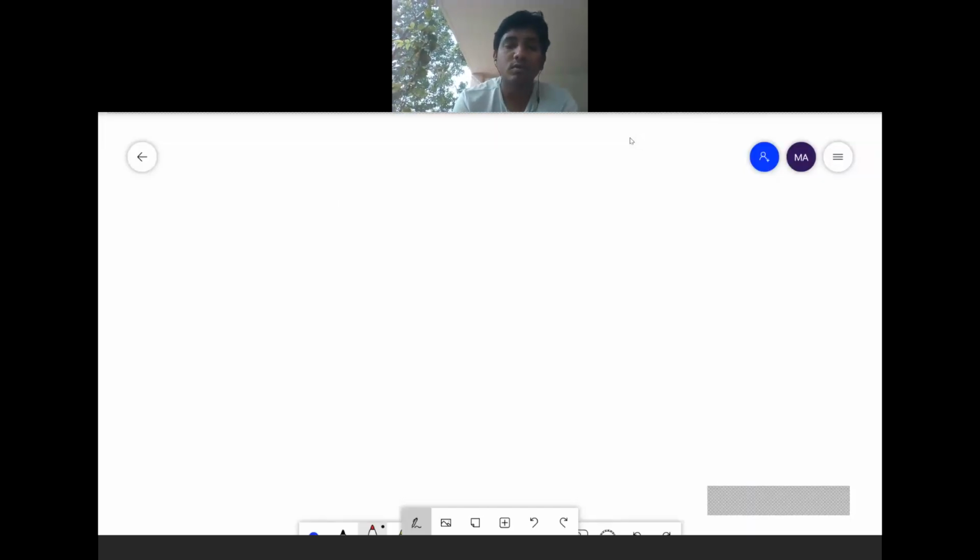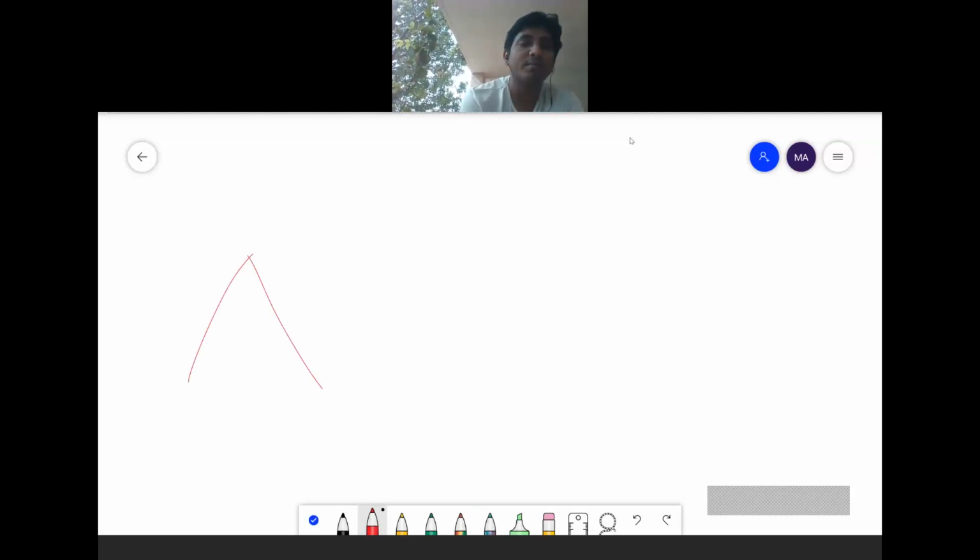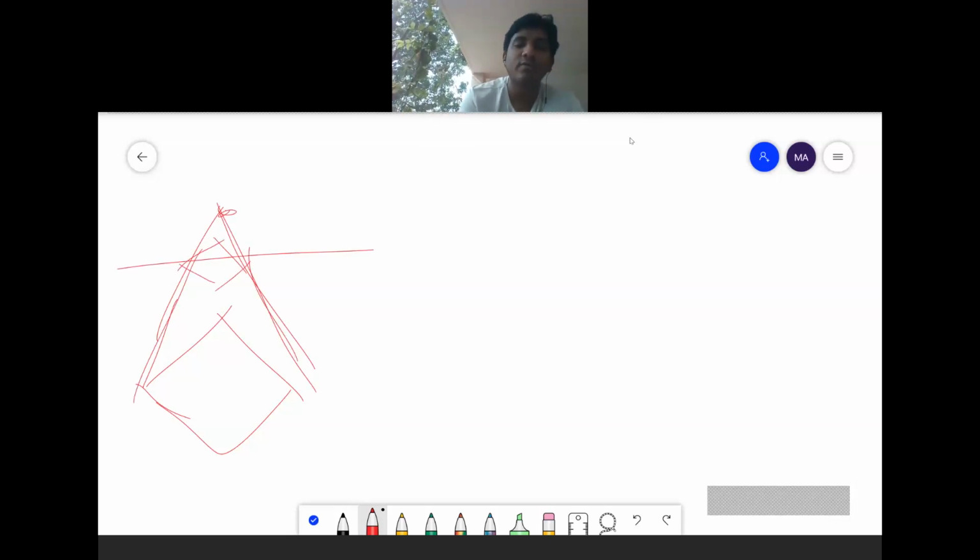So the normal square pyramid will be like this: the square at the bottom, and at the top you have an apex. When you cut here, another square forms here, and this forms a frustum of a pyramid. This part will be removed. The frustum of a square pyramid will be like this: the top has a square, and the bottom also has a square.